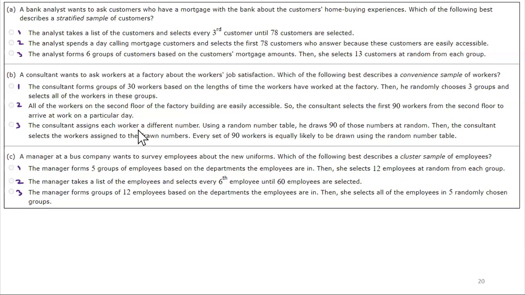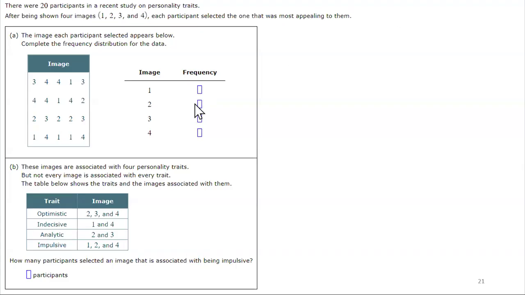Okay, so this one would be number three. The manager forms groups of 12 employees based on the departments that the employees are in. Then she selects all of the employees in five randomly chosen groups.